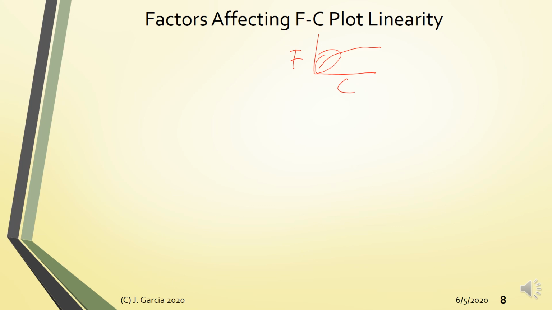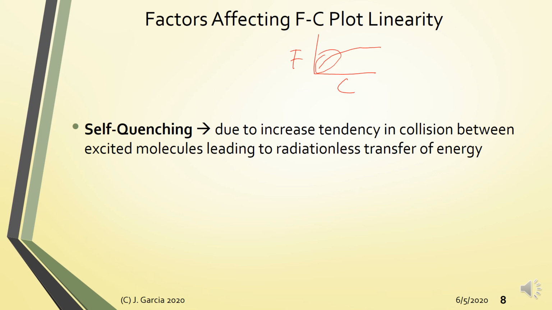And why is this? There are two factors that affect your FC plot linearity. The first one is self-quenching, and this is due to the increased tendency of collision between excited molecules, leading to radiationless transfer of energy.